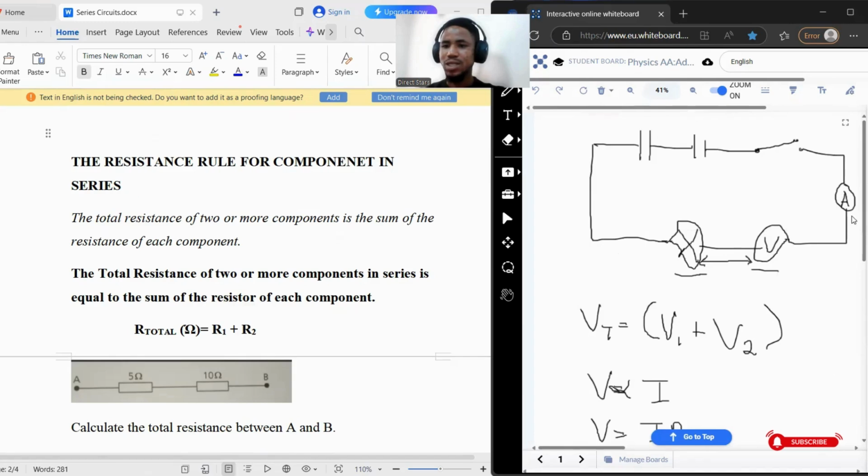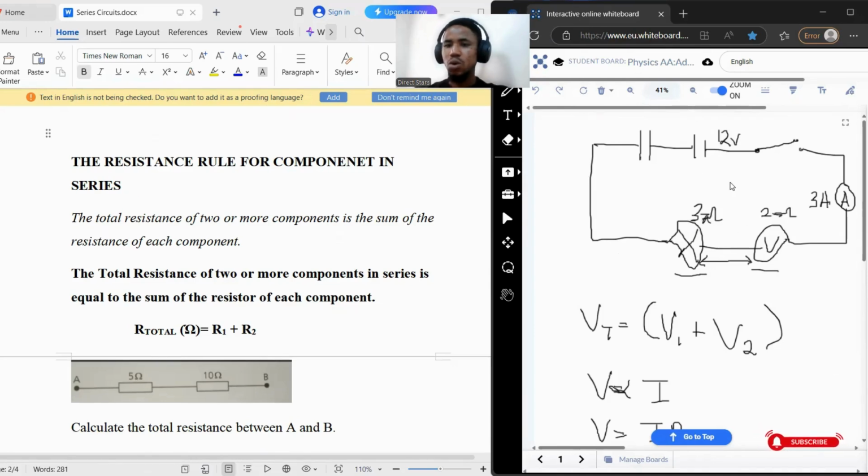So let's say we have this resistance as 3 ohms, and here we have 12 volts, and here we have 3 amperes, 3 amps. And here we have 2 ohms, and here we have 3 ohms.